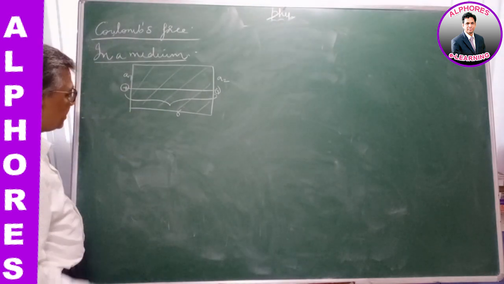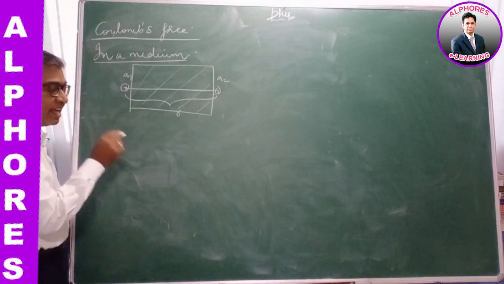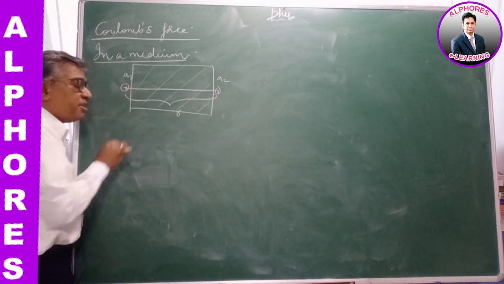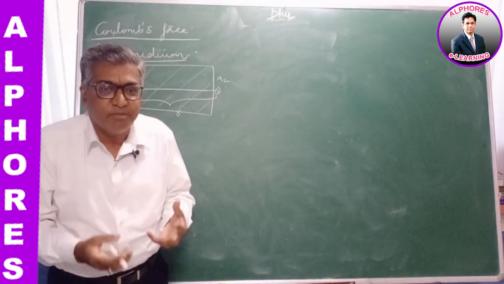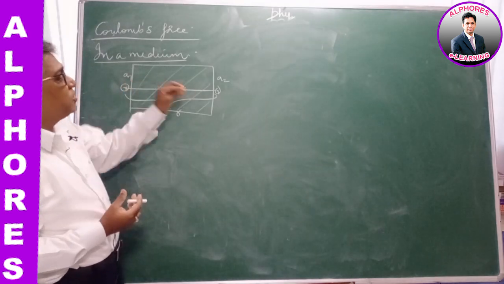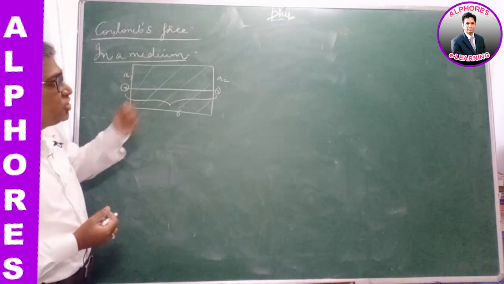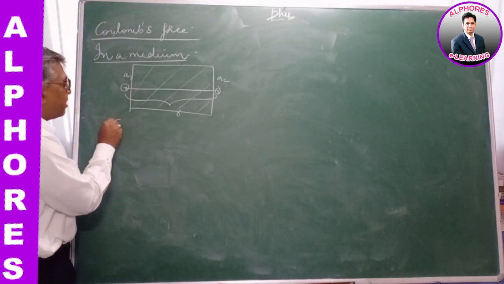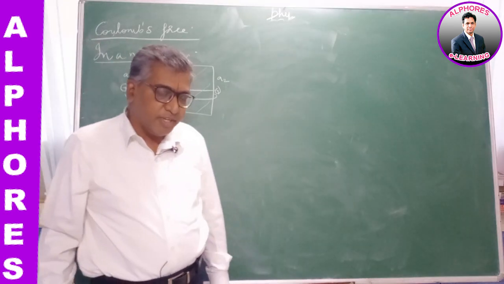Why is it decreased? When there is some medium placed between these two, the medium shows influence on the force between the two charges. What influence the medium will show is given by the electrical permittivity of the medium.